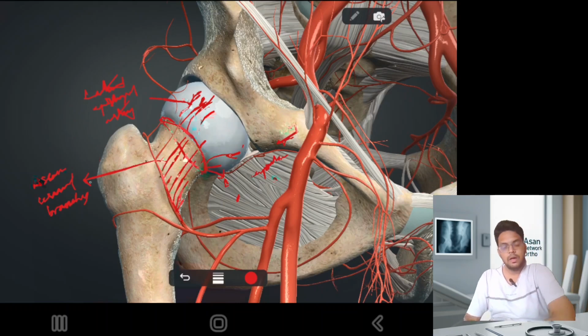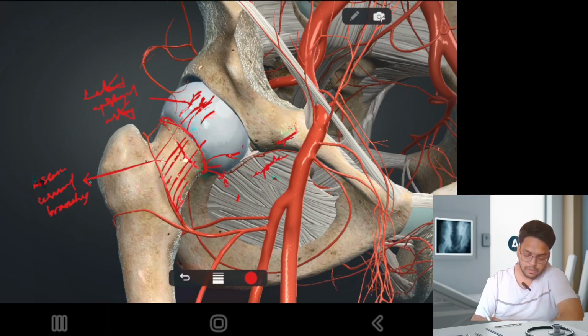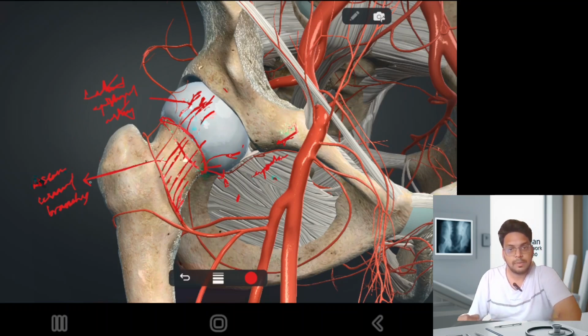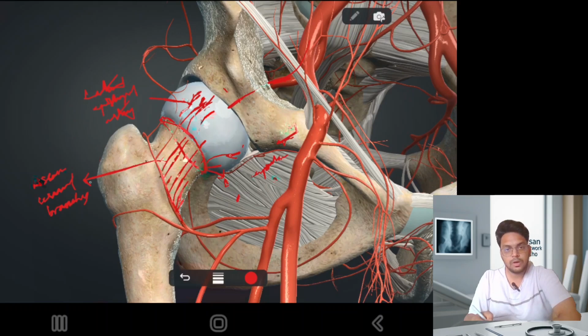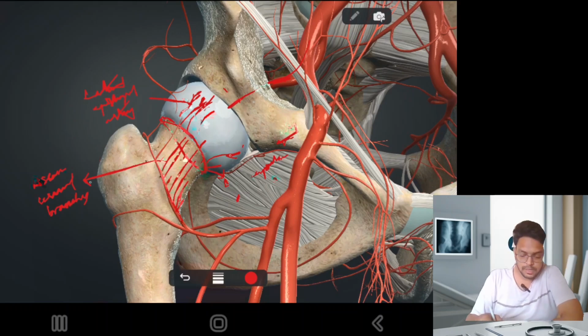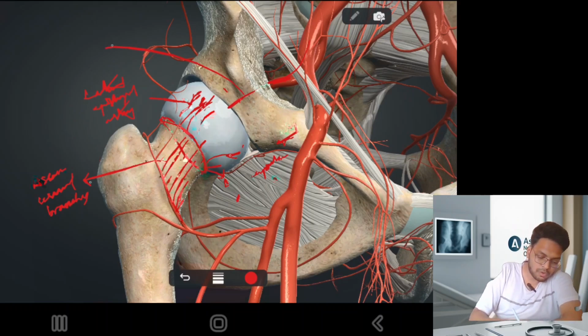Okay, and some part that is left over here is again supplied by the artery coming from the obturator artery. This is the obturator artery that gives an artery to the ligament of teres, and that artery is called the foveal artery.